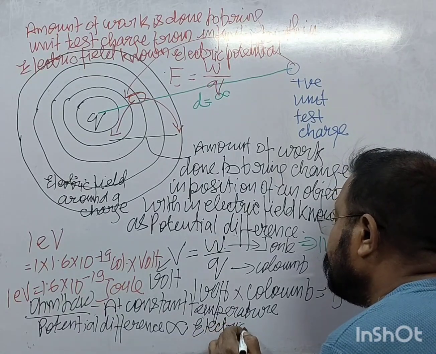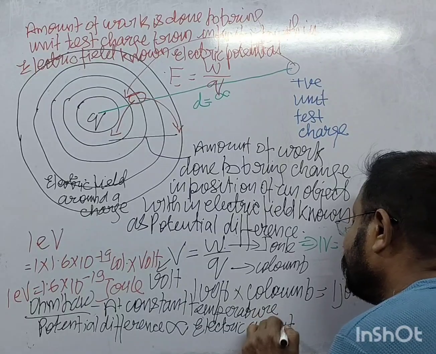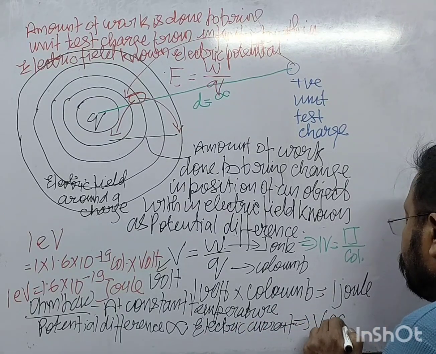Just check your book, electric current. So we can say V is directly proportional to I.